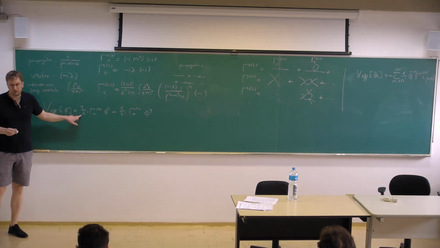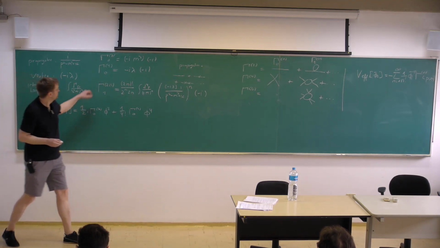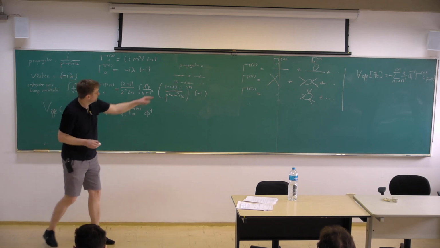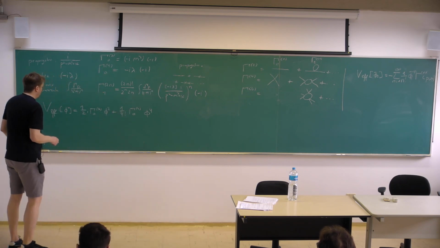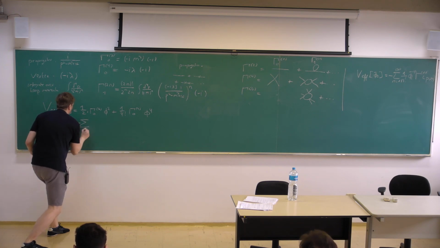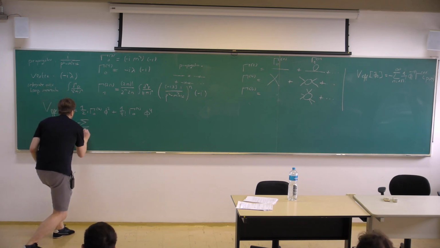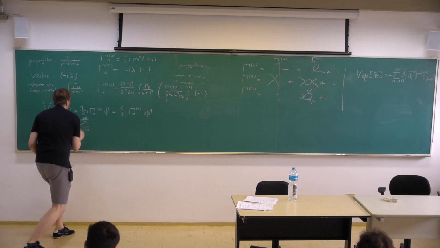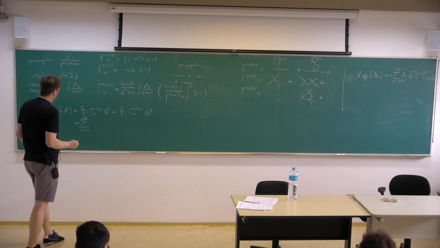So these are the tree level contributions, right? I'm just plugging this into the formula. And now we get a whole tower of 1 loop contributions. So let me just write this.